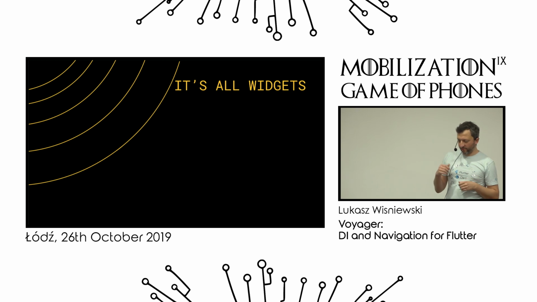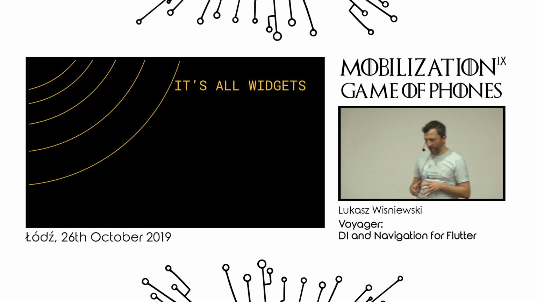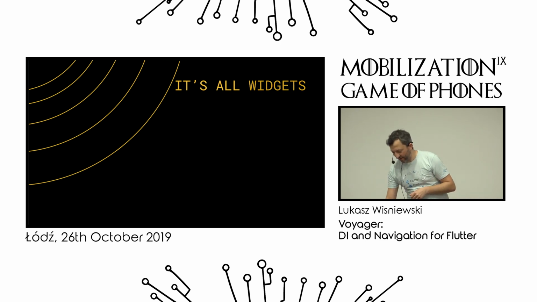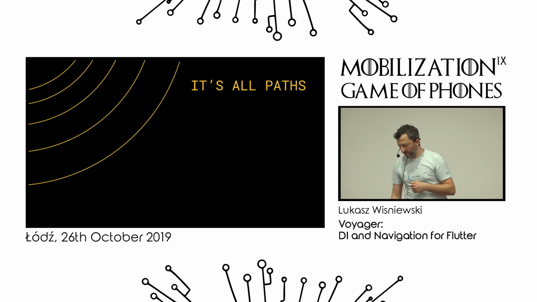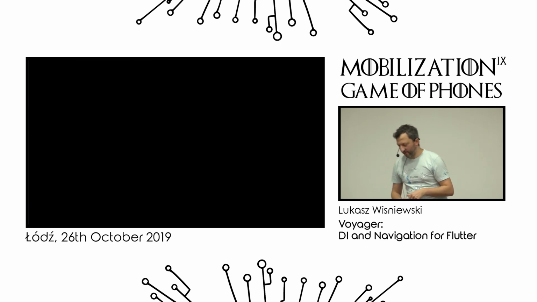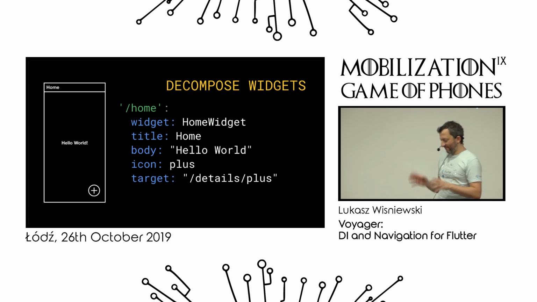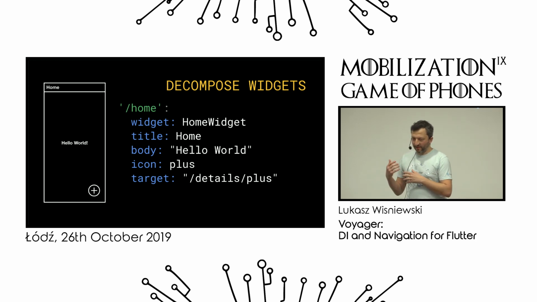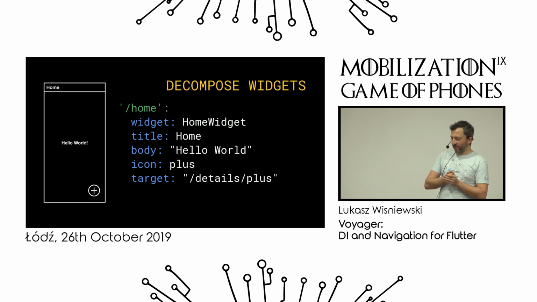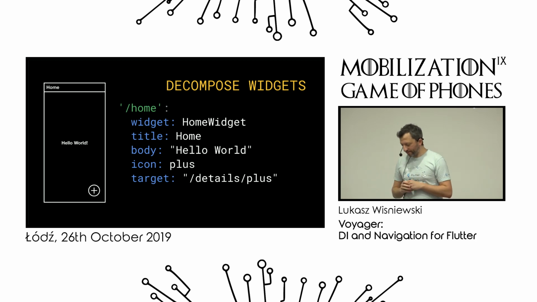And now I'd like to talk about some more advanced things. As we all know, Widget is a lie, and Voyager is a Widget Router, so it's a lie as well. Anyway, going back to our initial example, imagine you want to reuse the fab button across different screens.